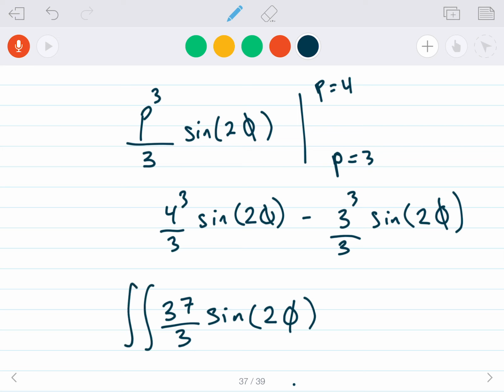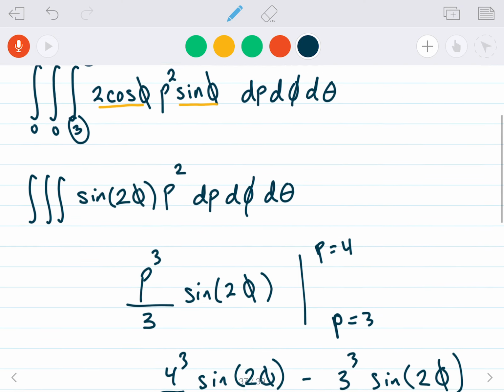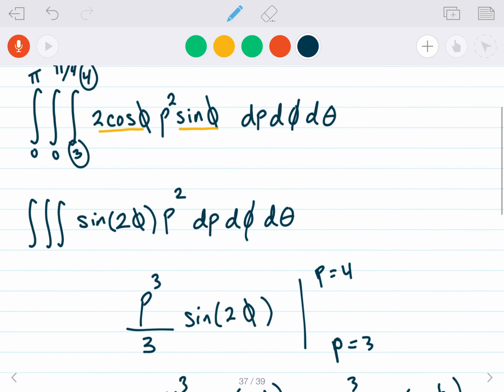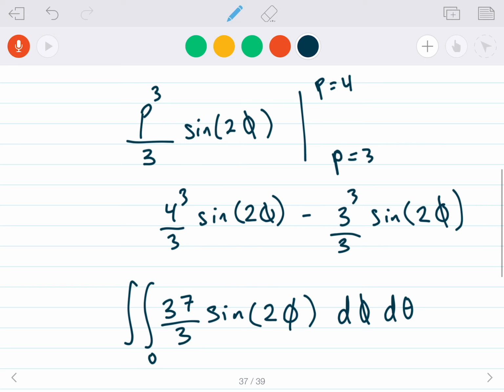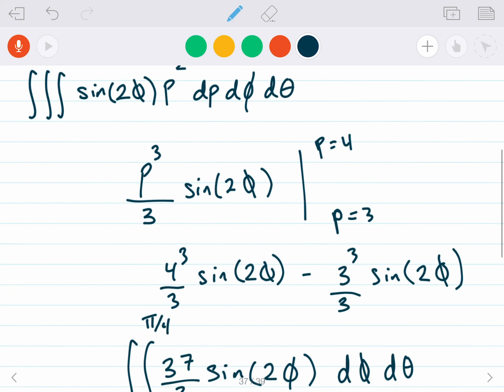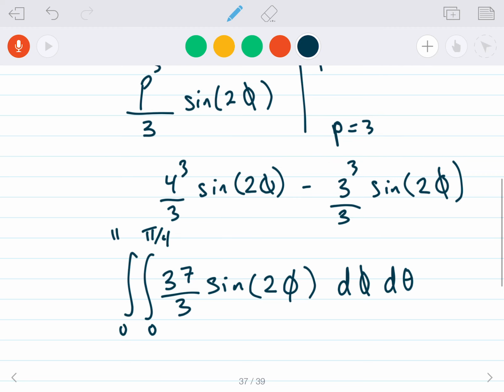And now let's take care of this integral with respect to phi. So I have d phi and then d theta on the outside. With phi, I'm going from 0 to pi over 4. And then finally with theta, I'm going from 0 to pi.